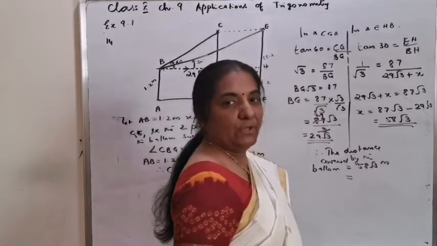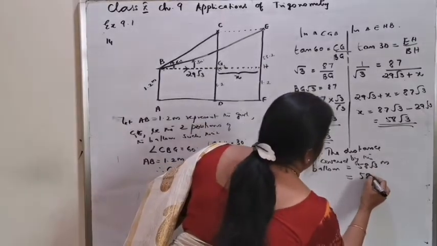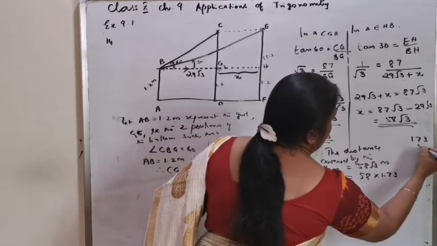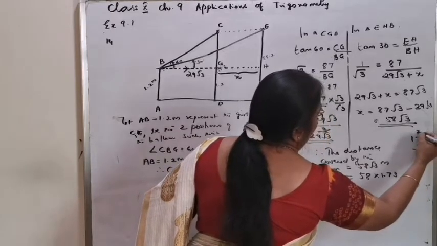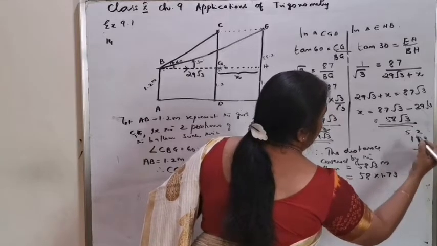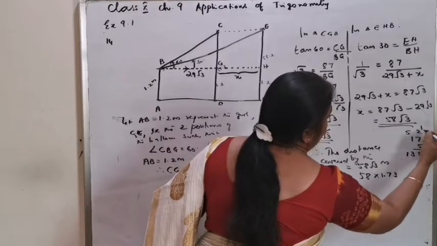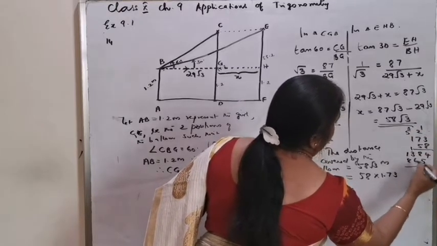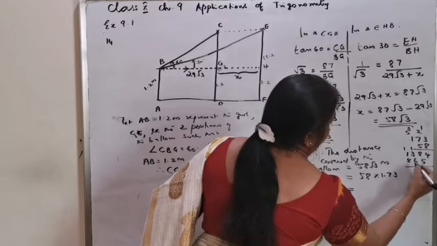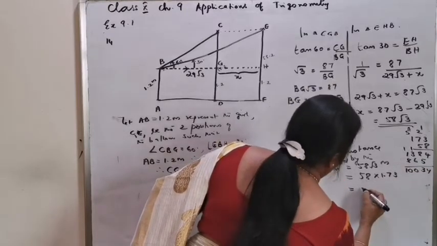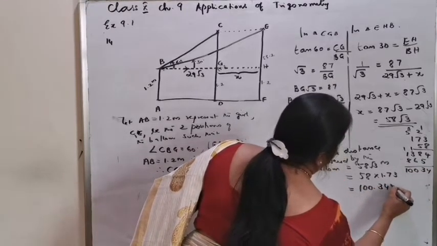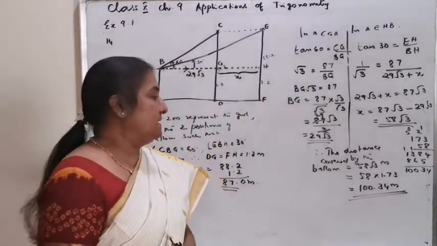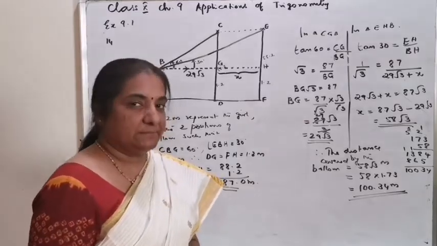You can multiply with 1.73, 58 into 1.73, which is equal to 100.34 meter. So the distance covered by the balloon is 100.34 meter.